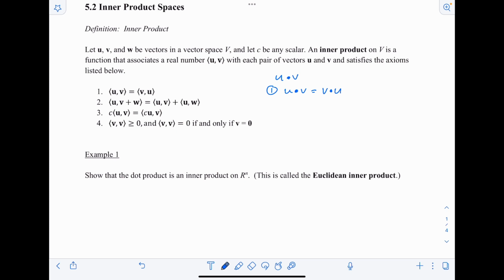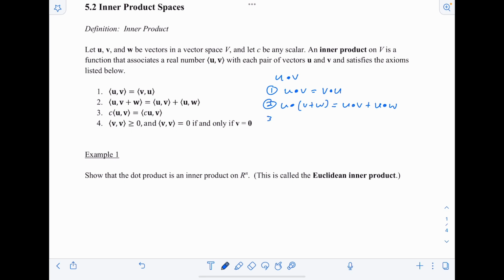The second one says if we introduce this third vector w and add it to v before taking the dot product, we would get the same answer as if we took the dot product of u and v and added the dot product of u and w. In notation, u dot (v + w) is the same as u dot v plus u dot w.